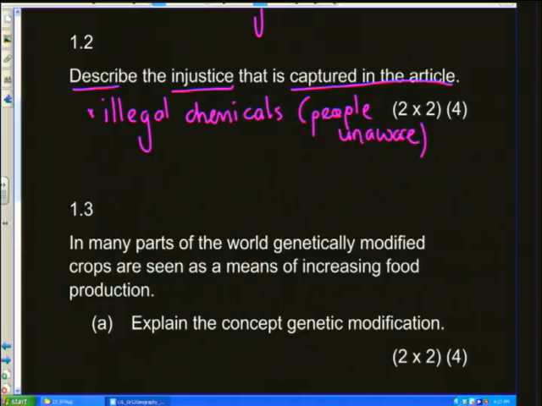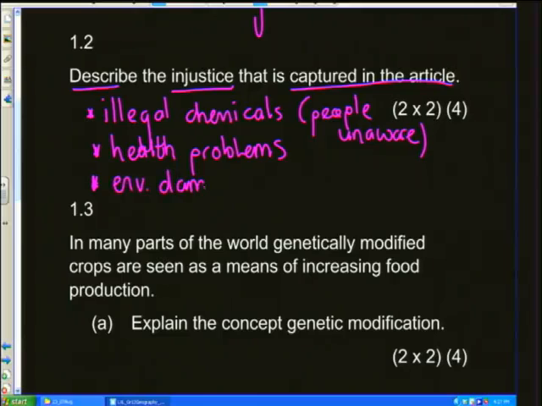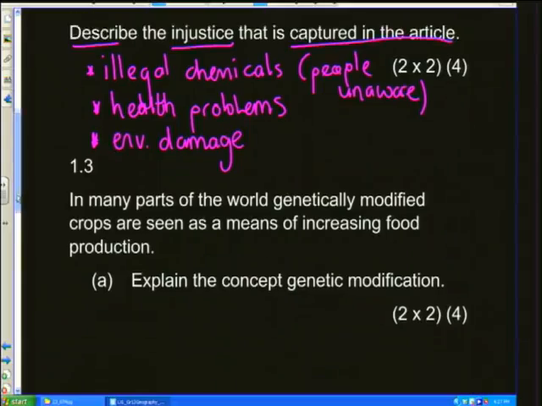In addition, it's going to lead to health problems because you're consuming all these extra things that shouldn't go in your body. And lastly, there's also environmental damage. You only needed 2 things there. As long as you write them in a good sentence, you'll be able to get your marks.